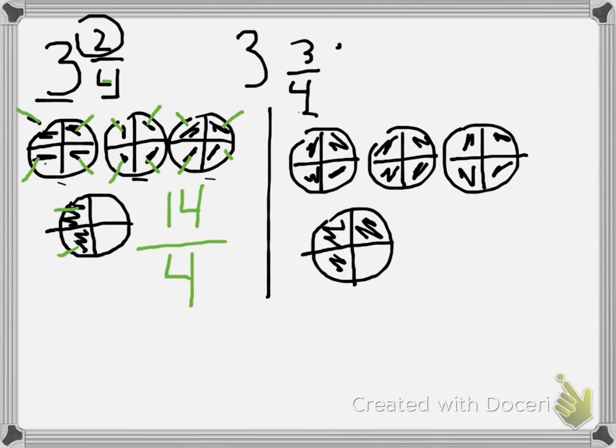Over here, I have 15 shaded pieces over my denominator of 4. 15 is greater than 14, so 3 2/4 is less than 3 3/4.